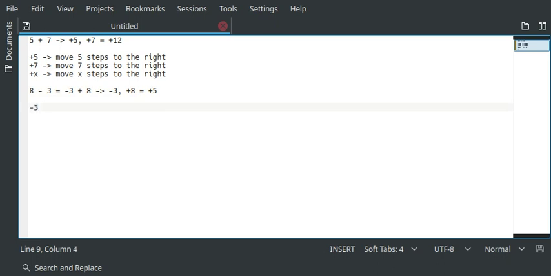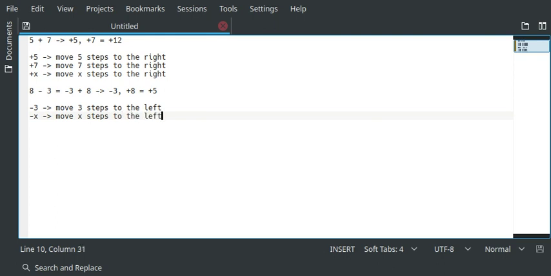Negative 3 means move 3 steps to the left. Or negative x means move x steps to the left. This part here, to the left or to the right, that is a unit. Fundamentally, that's what that is. So you have a scalar magnitude plus a dimension, some reference to the dimension that is occurring here.